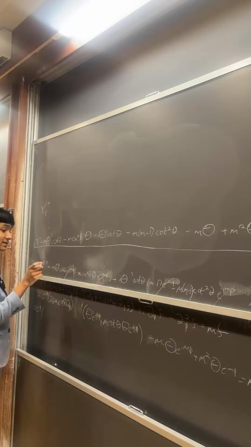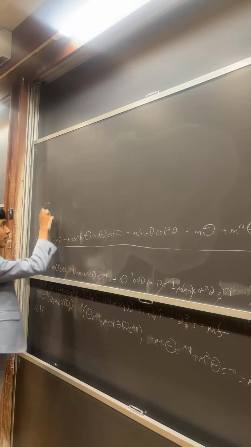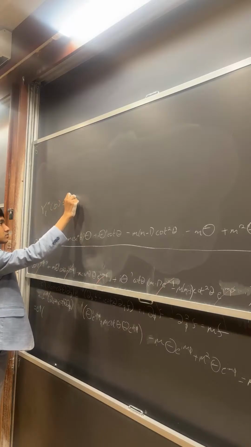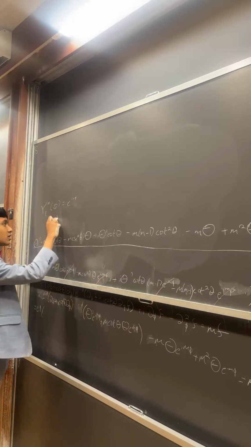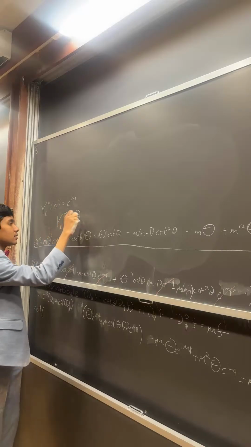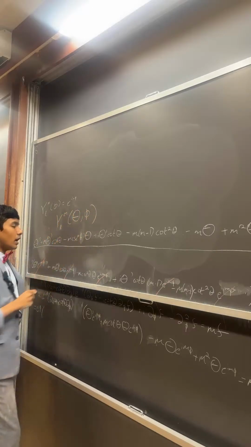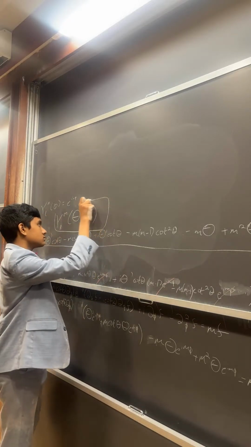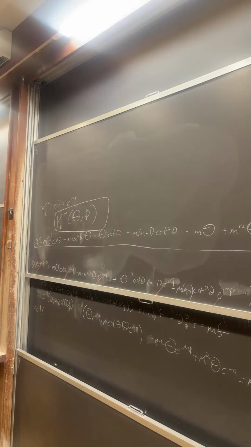Not just that, the spherical harmonic's phi component is e to the i m phi. That's it. The solution all this time was this thing, Y l m theta phi. That is the eigenfunction that solves the angular momentum equation.